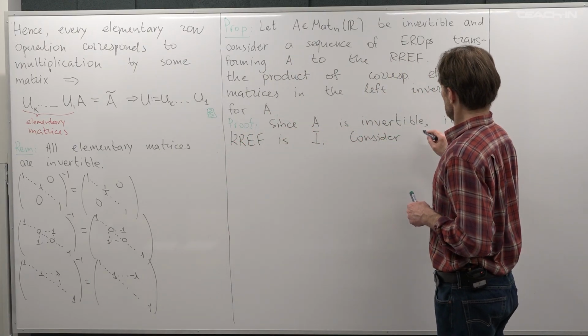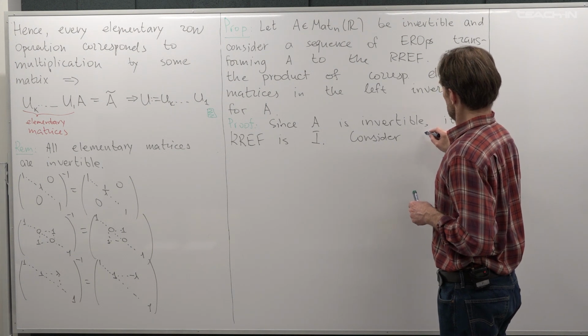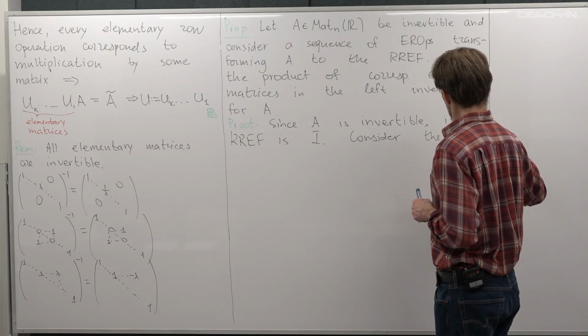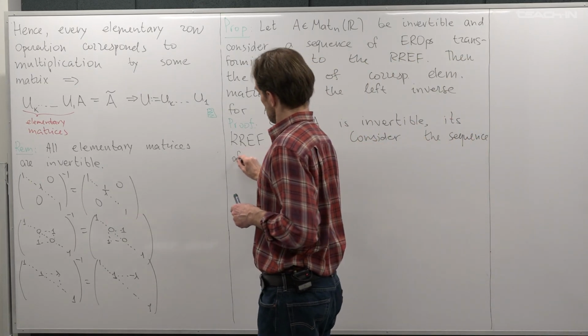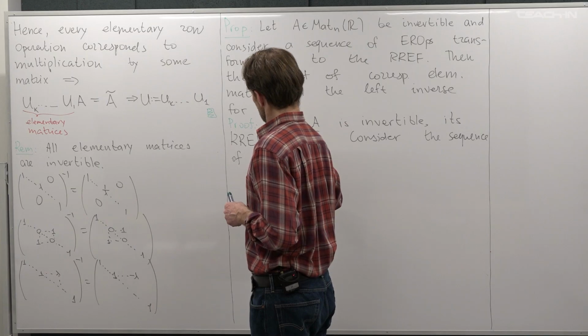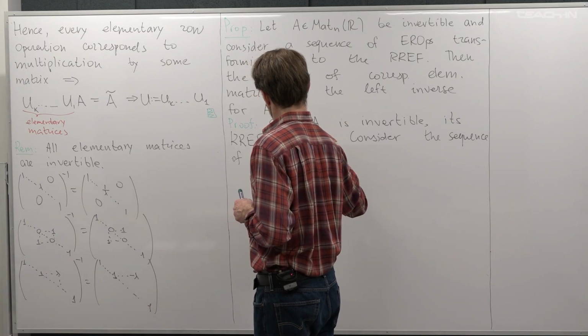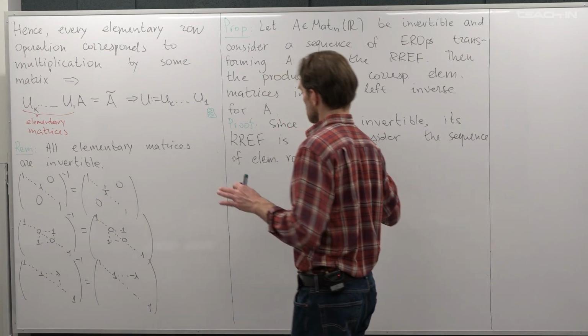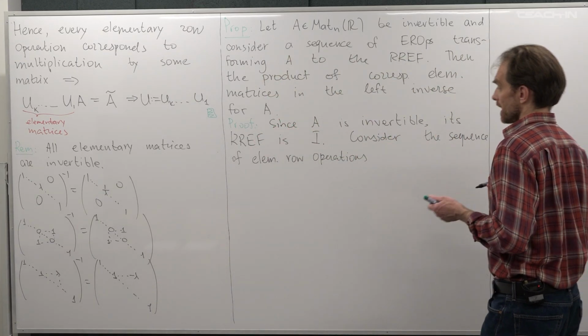So consider the sequence of elementary row operations bringing this matrix to the identity.